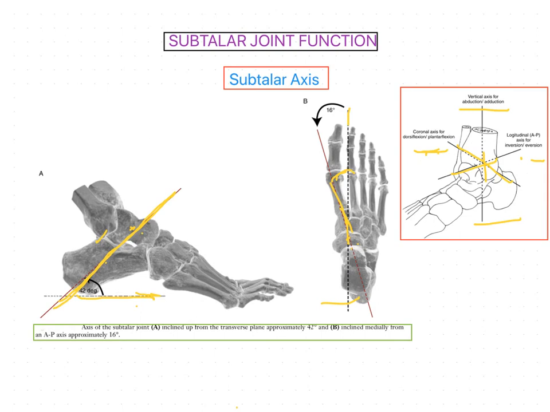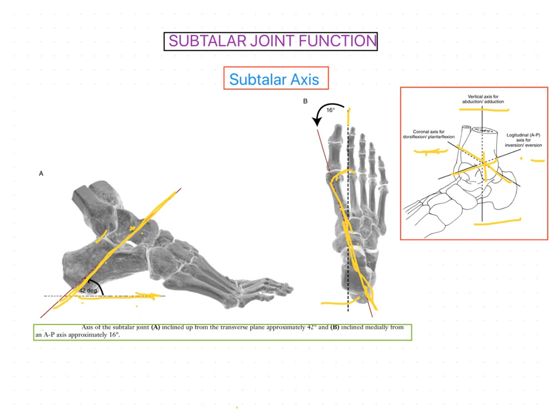Here the axis has an inclination over the subtalar joint on the lateral aspect, which makes 42 degrees. And if you see the sagittal plane, it has an angulation of 16 degrees with the AP axis.